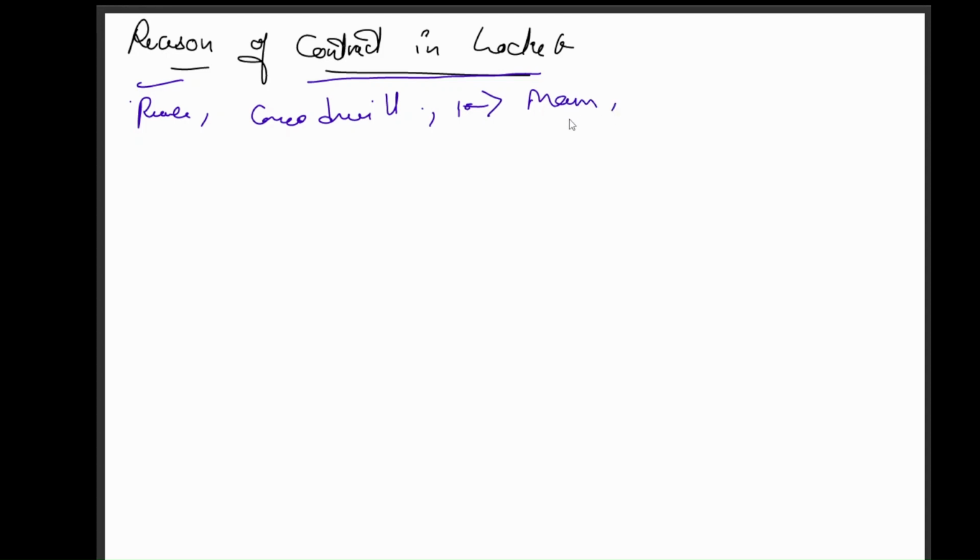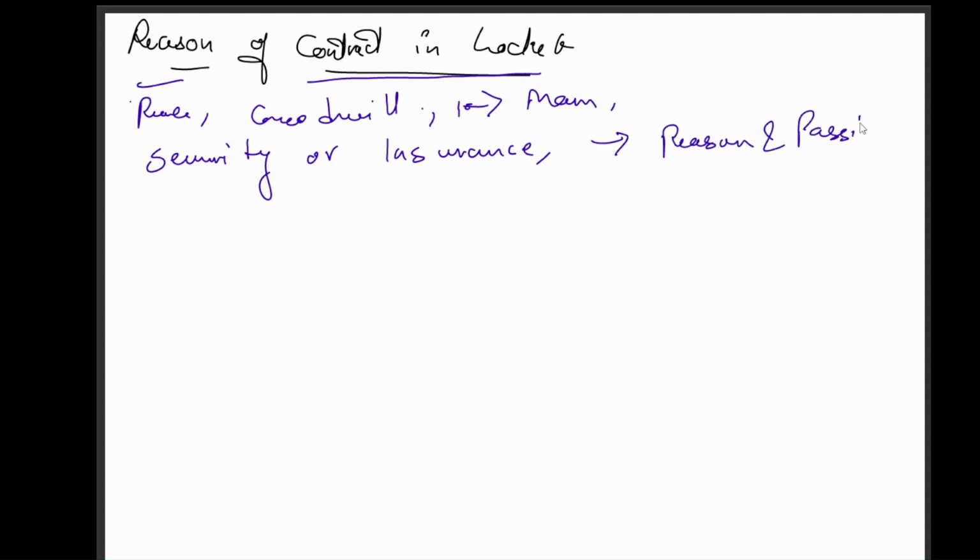He wants some sort of security or insurance because humans have reason and passion too, and in some humans passion may dominate. So he wants to impose some security for it. That's why man will come into the contract.